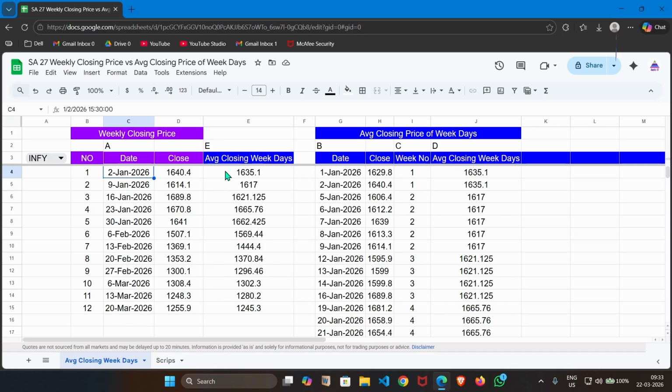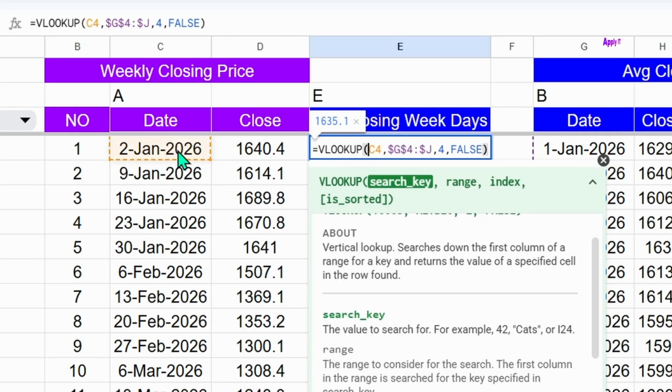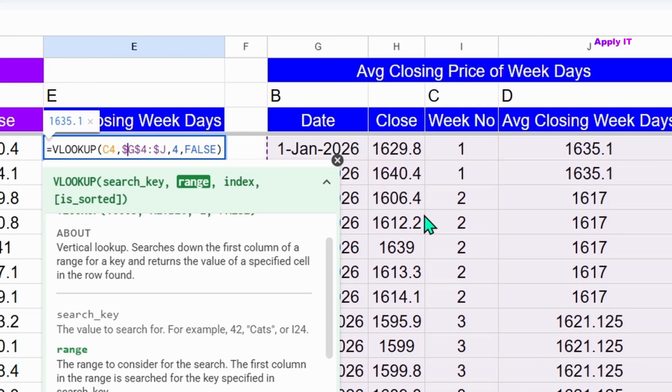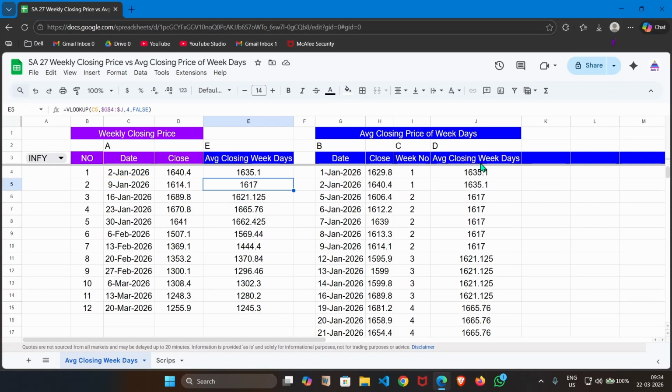The formula is we look up this value C4 in the range, that is the whole range from G4 to J. In that range, if it is matching, we want to pick the value present in the fourth column, 1, 2, 3, 4, so we write 4. And finally, whether my data is sorted. I say that it is not sorted, so we provide false, so that it does a complete search. We hit that formula and we get the value present here.